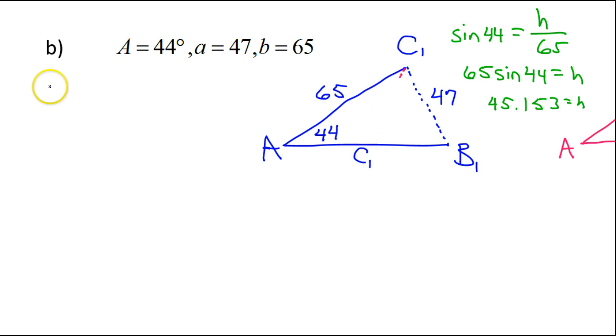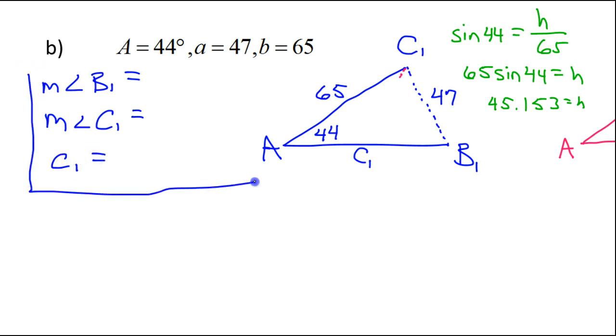So first let's make our solution box. I'm going to need to find the measure of angle B1. I'm going to need the measure of angle C1. And I will need the length of side C1. So once I find these three values, I will have solved the triangle. Let's go ahead and find angle B1.